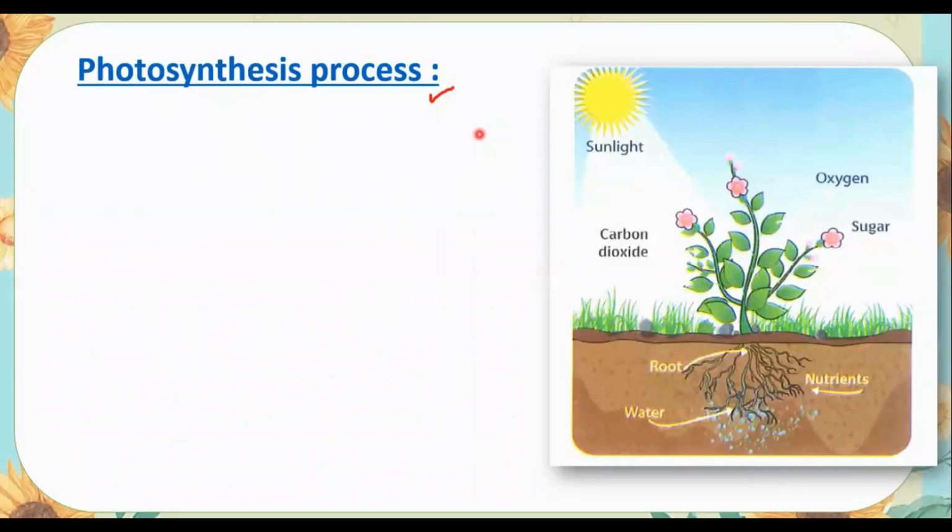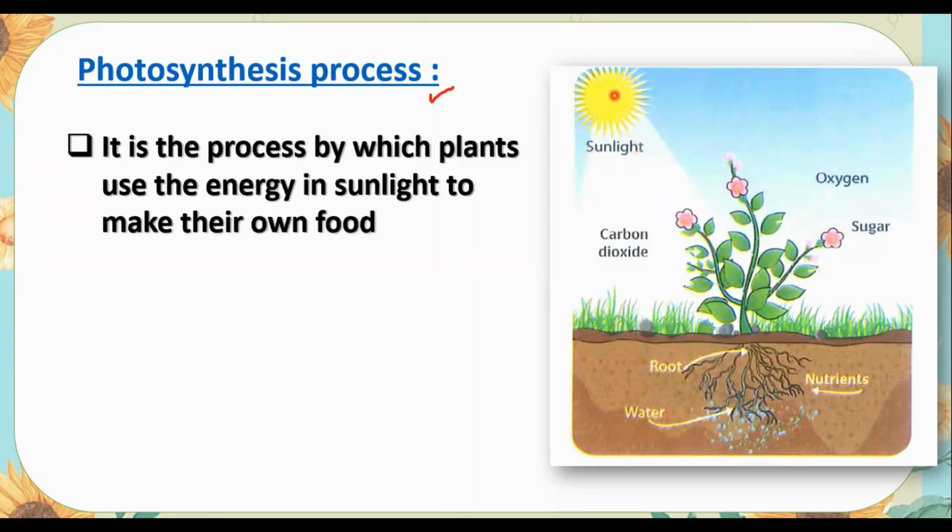How does it make its food? It's the process by which plants use the energy in sunlight. It needs light energy, which you have taken in grade 4, second term, in the energy part. You have learned that plants can convert sunlight energy into chemical energy by making food, storing the chemical energy.